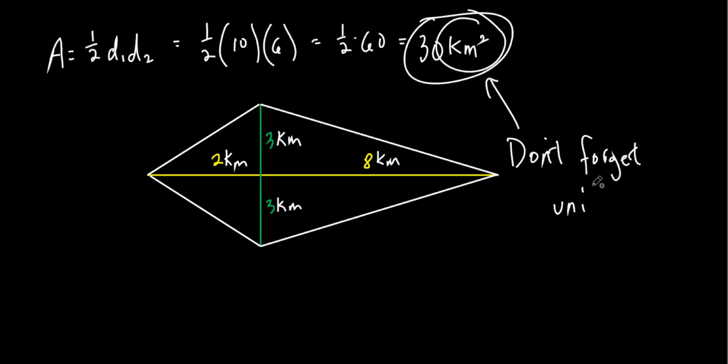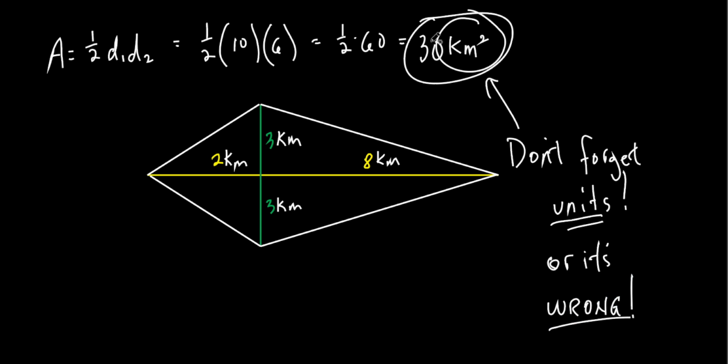What does that mean, the units? Yeah. Kilometers squared, centimeters squared, feet squared, inches squared. Don't forget the units. Or it's what? It's wrong. Okay? Or it's wrong. Even if you put the right number. Even if you put 30.